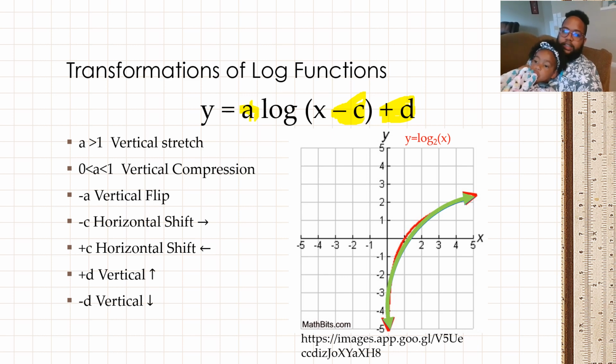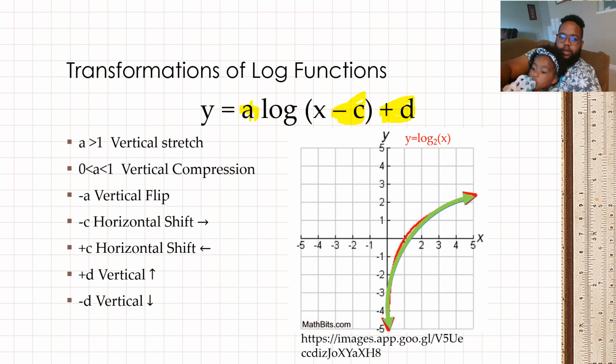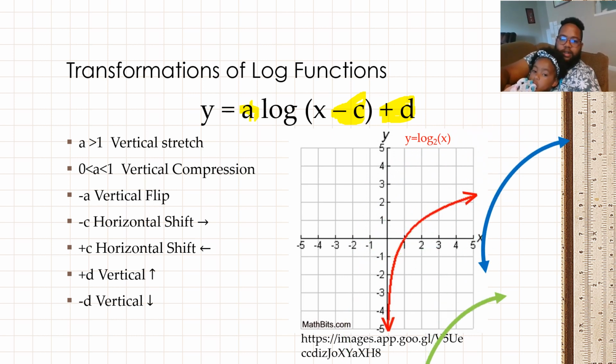Shifting that vertical asymptote will also shift your domain. So this will basically help you graph all graphs because you will just move that same shape around to all different places. And that's basically it.